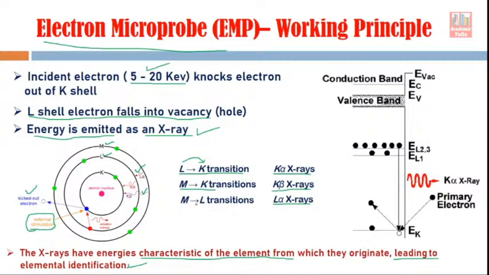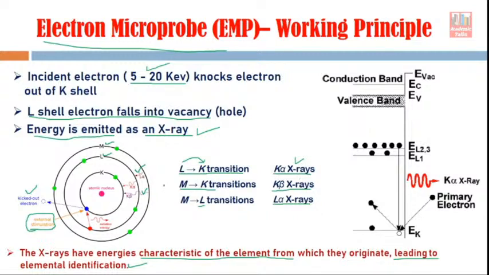You see, the destination orbit is the L orbit, so L is there in the name, but it is known as L alpha X-rays, right. So depending on the atomic arrangement, we have different X-ray energies which come out of the atom, and all these different X-rays are named in a different way, right.